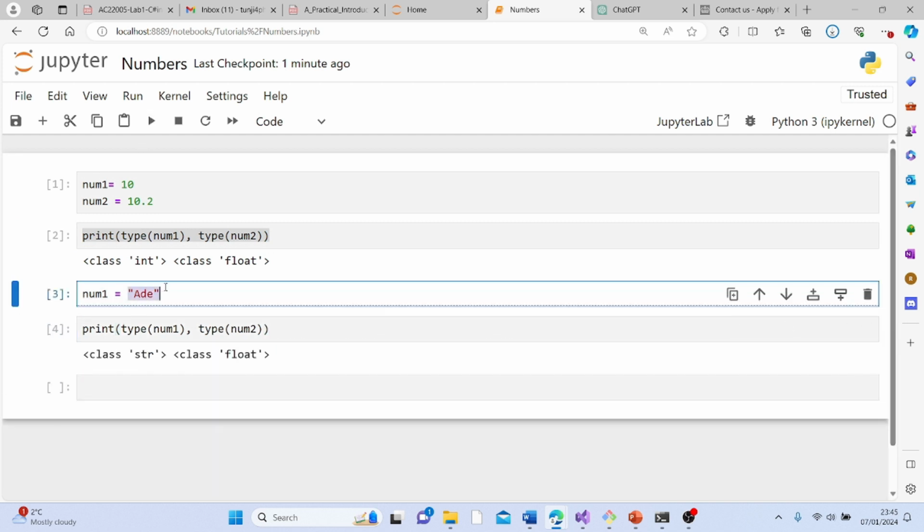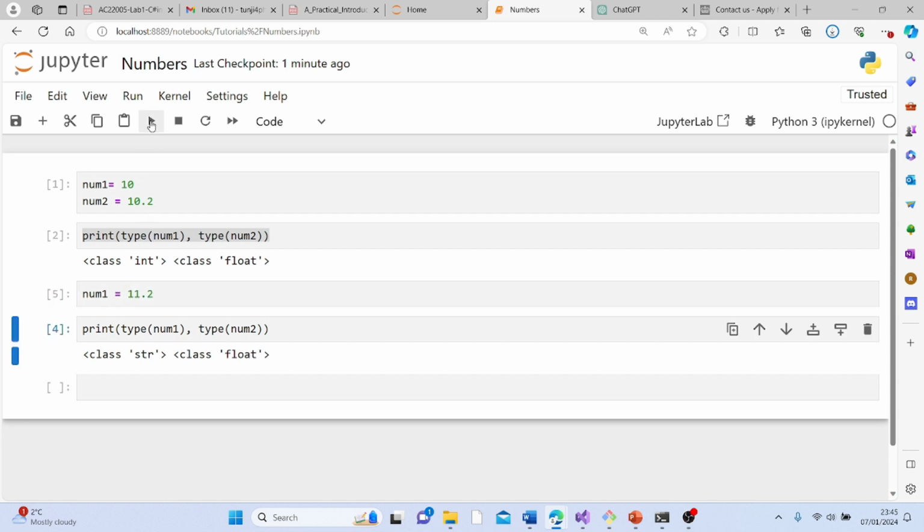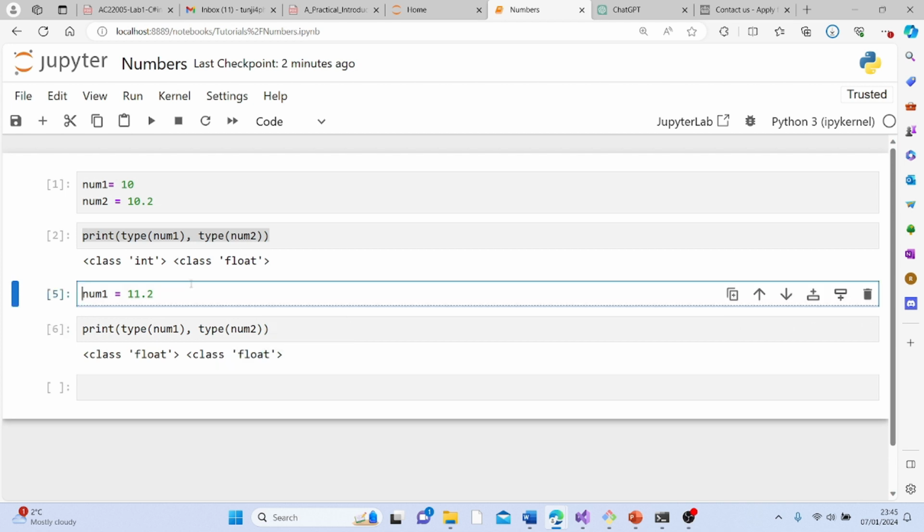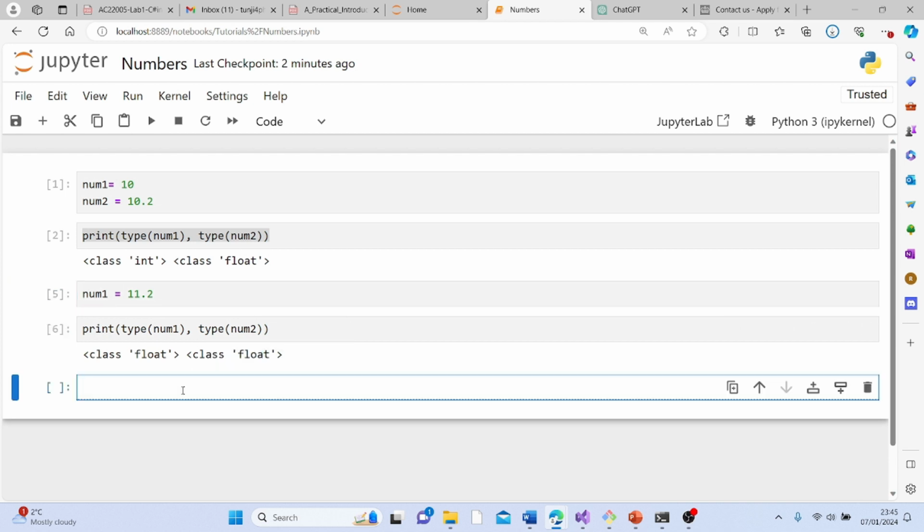And if I change this value and store 11.2 into it, I run this and run this again, it will tell me that num1 has changed into a float value. So the Python interpreter automatically gets the type of variables based on the value you store into it. With this we can manipulate and operate on these variables using math operators.